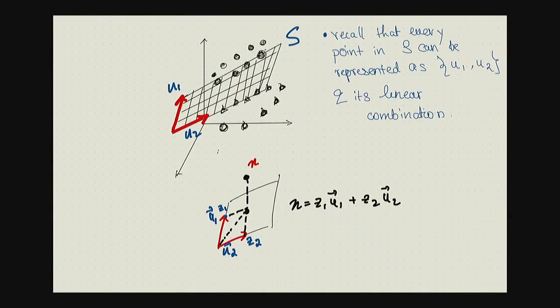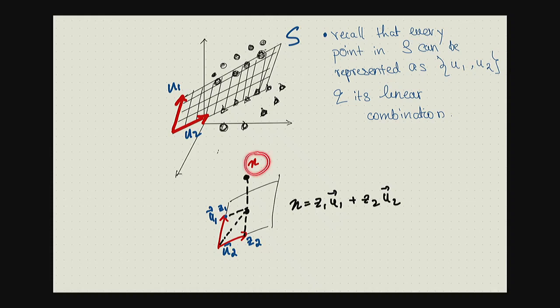So just as a cartoon diagram here, I drew these sets of points. These are all points in R^3. And if we wanted to project them onto this linear space, S, which is spanned by two basis vectors, U1 and U2, and these are going to be orthonormal to each other, so they're at a 90-degree angle, and they're all unit vectors, then you can represent any point that lies on this subspace as some linear combination alpha 1 U1 plus alpha 2 U2.